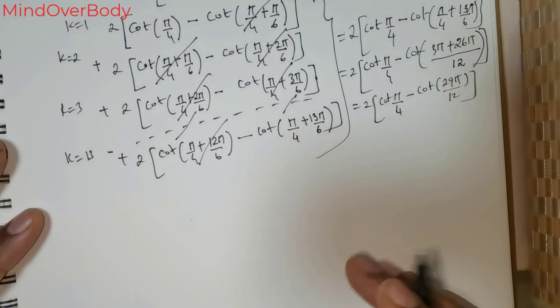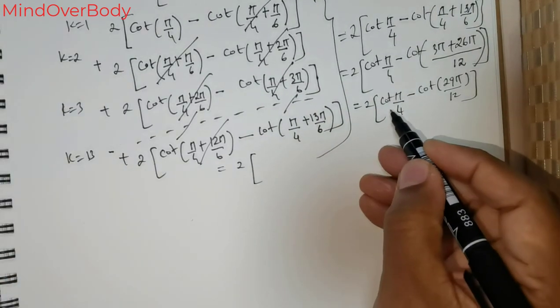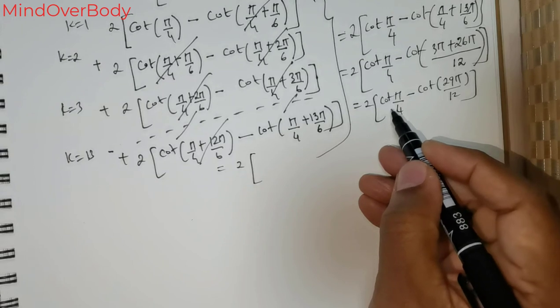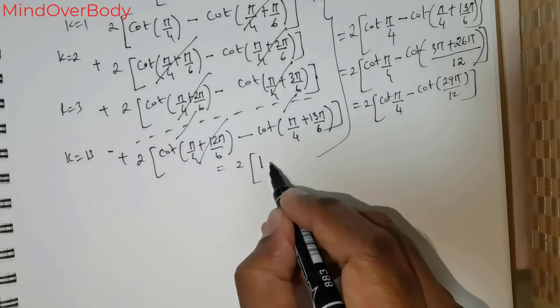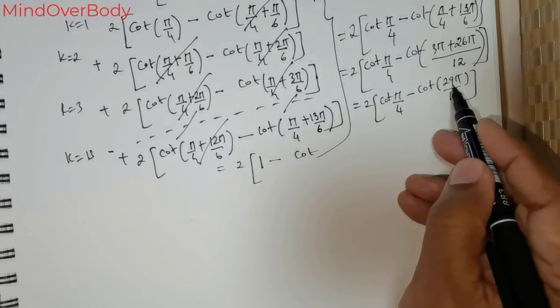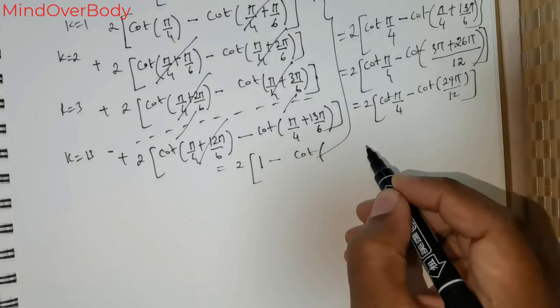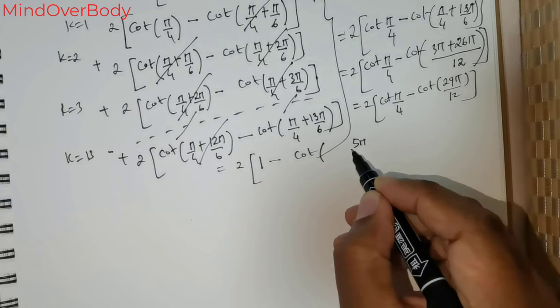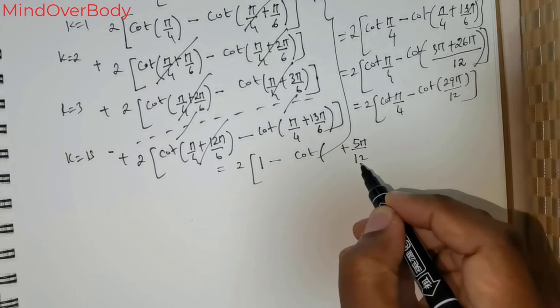Now this can be further rewritten as 2 of. Now I would like to replace the values. Cot of pi over 4, that's 45 degrees, that's going to be 1 negative. Now this is 29 pi over 12, and I would like to rewrite this as 5 pi over 12 positive 2 pi.